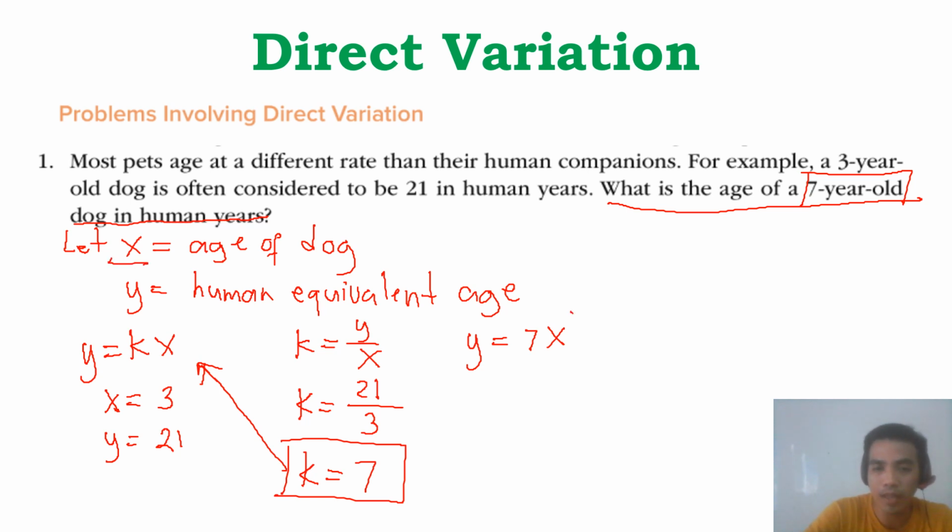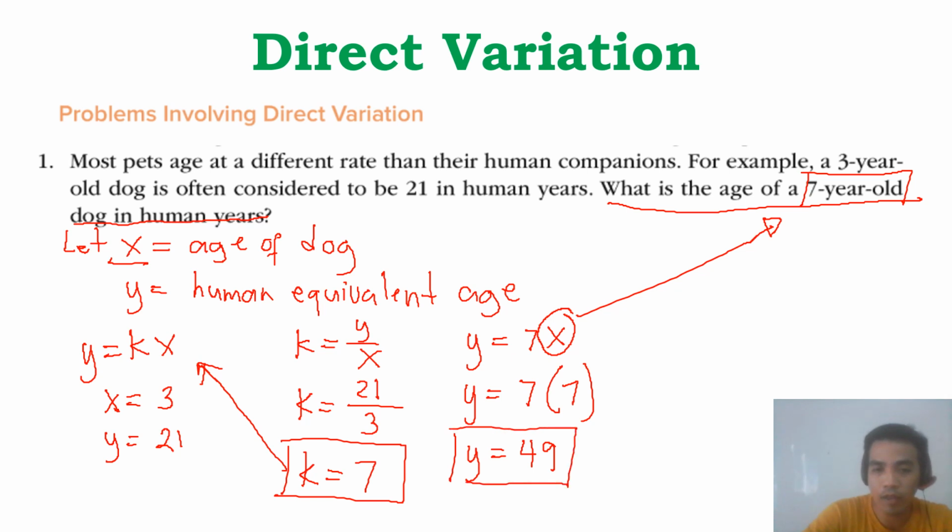So, papalitan natin yung x ng 7. So, y equals 7 times 7. So, y is equal to 49. Okay, kapag 7-year-old yung dog, equivalent yan sa human is 49 years old. So this is now the answer.